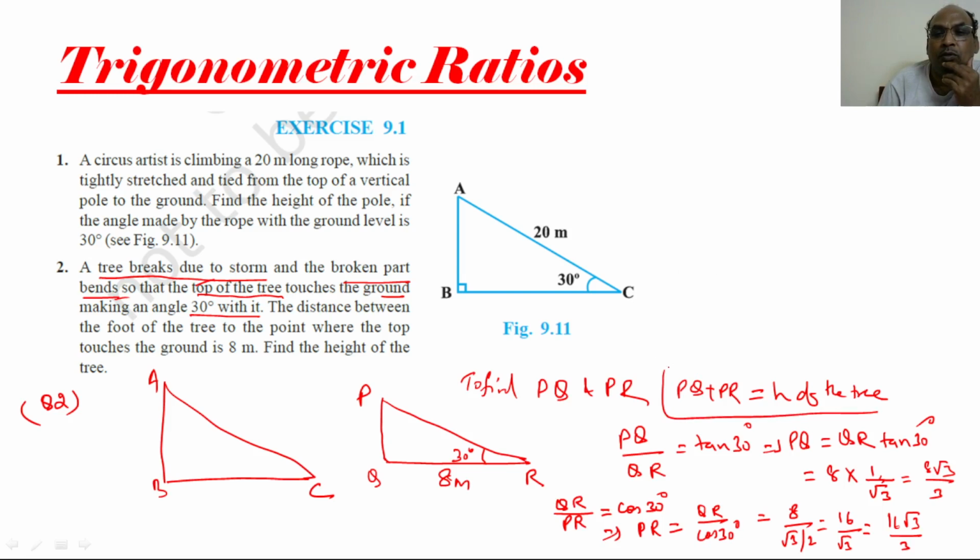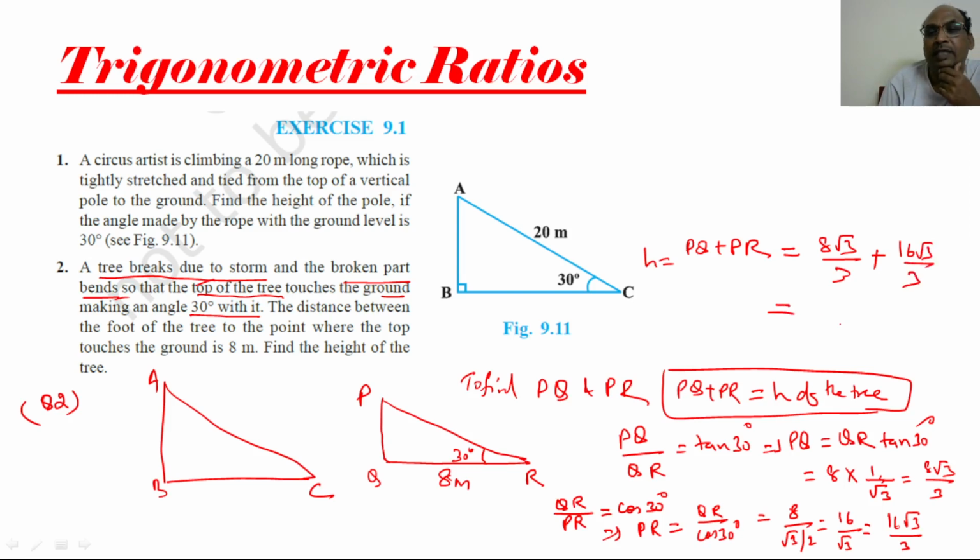Total height of the tree, H, is equal to PQ plus PR, right? PQ we have already found, that is 8 root 3 by 3, plus PR, which is 16 root 3 by 3.